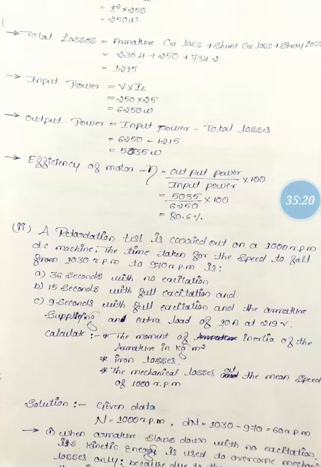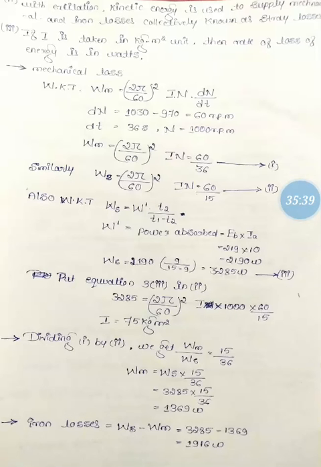Some points are to be noted here. First, when the armature slows down with no excitation, its kinetic energy is used to overcome mechanical losses only, because due to the absence of flux there is no iron loss. Second, with excitation, kinetic energy is used to supply the mechanical and iron losses, collectively known as stray loss.